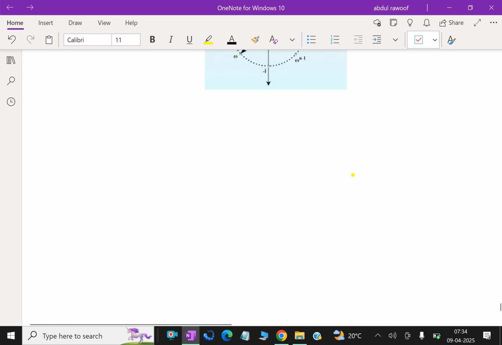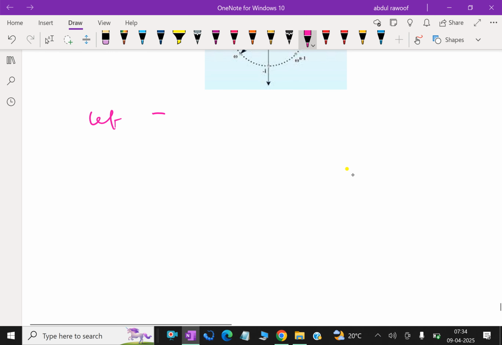Let the complex number z = x + iy, where x is the real part and y is the imaginary part.